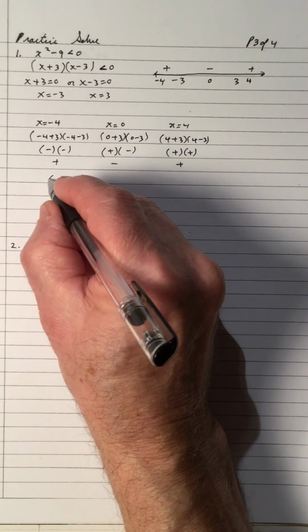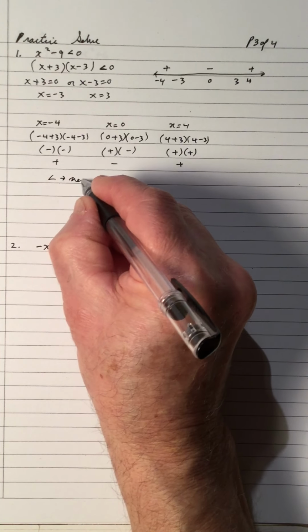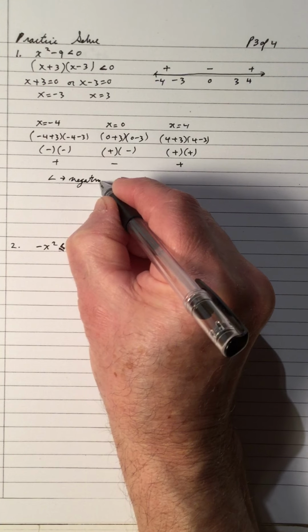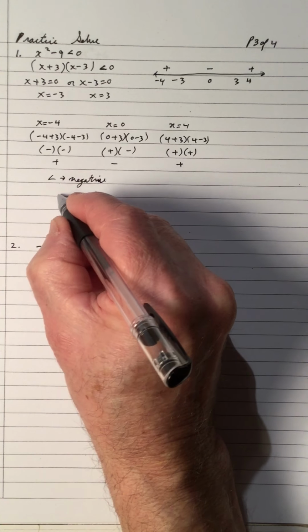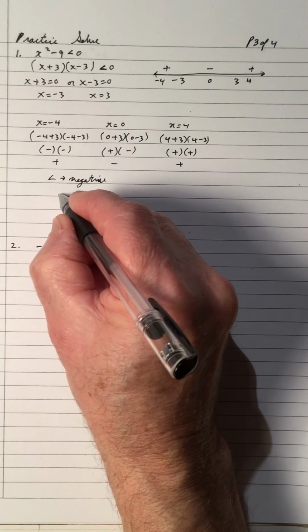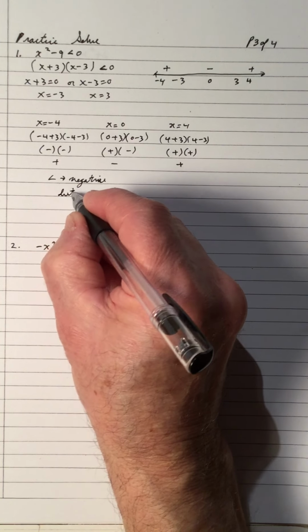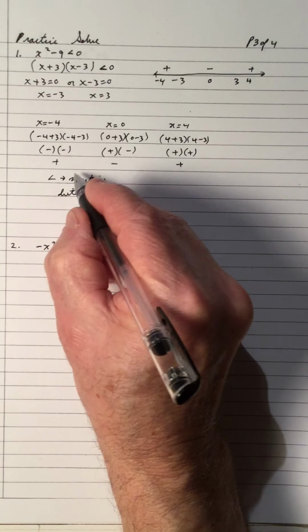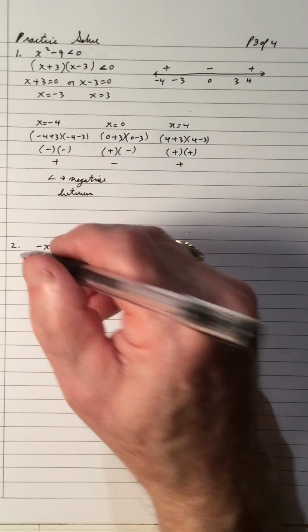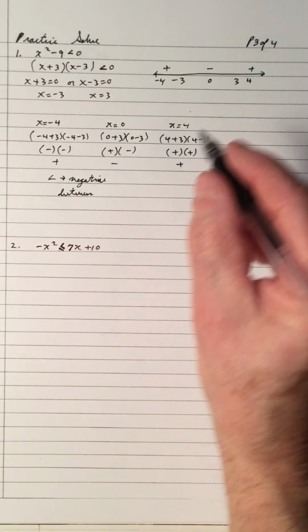And we have less than. Less than is negative. And also, when we have a less than, we're in between. I'm going to say between, because if we had a greater than, it would be positive, but it would be on the outsides. So we're in between.